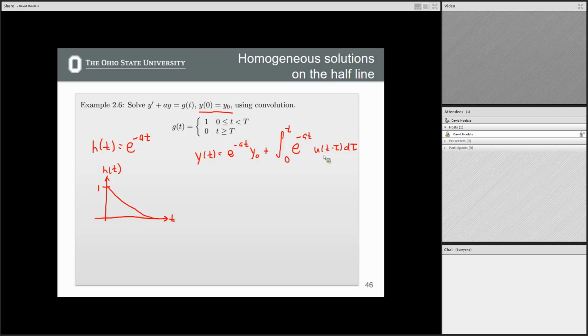Sorry, I was using terminology I was more familiar with. This is g of t. This is then our non-homogeneous term.